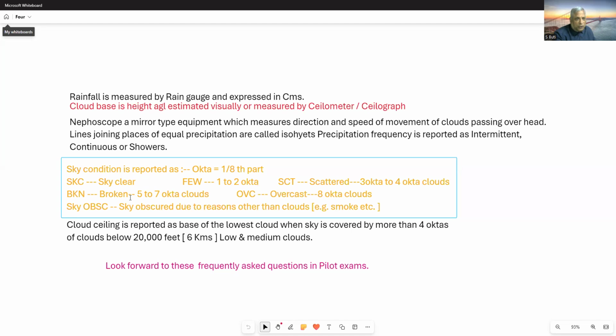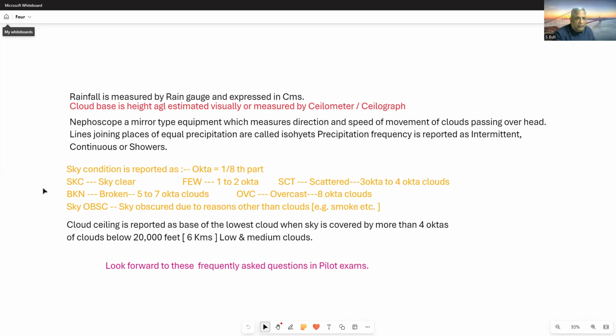This is reported from the ground. If the Met Officer finds the sky is clear, he will send a message SKC. If he reports few clouds, it means there are 1 to 2 octas of cloud. Scattered is 3 to 4 octas, and 4 octas means now half the sky is covered.